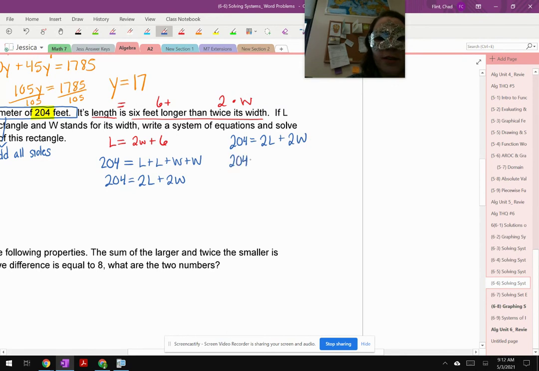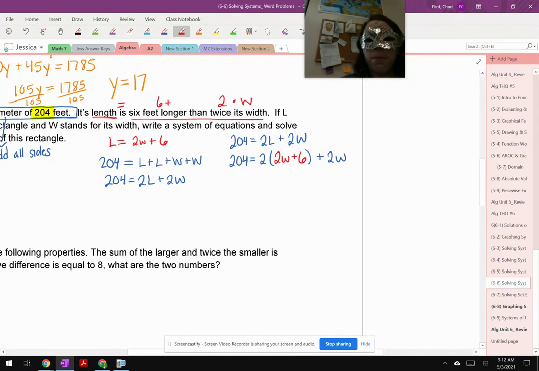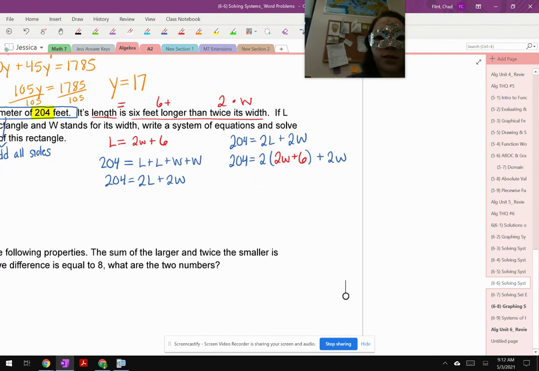And I have the L solved for, so I'm going to replace that with parentheses. And in for L, I'm putting that 2W plus 6, because that's what they told me L was. Now I can go ahead and solve. I got rid of that L. The L's gone, so I can solve for W now.